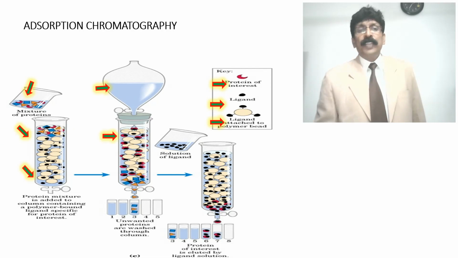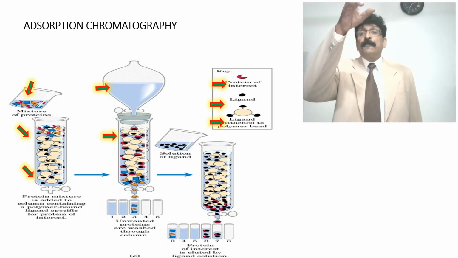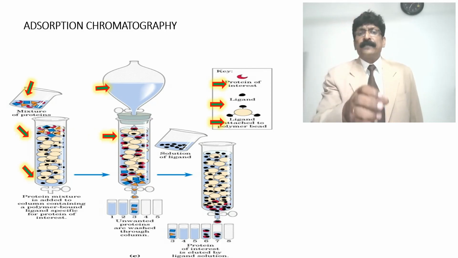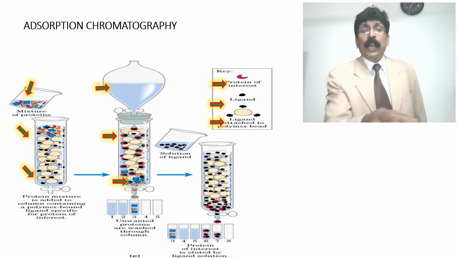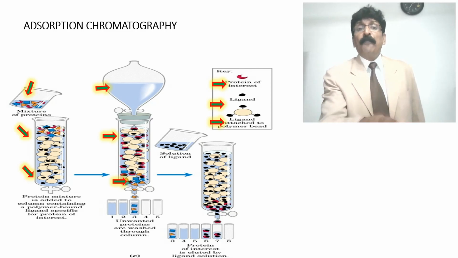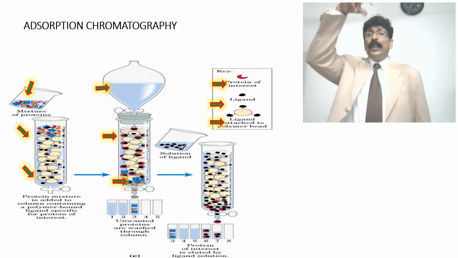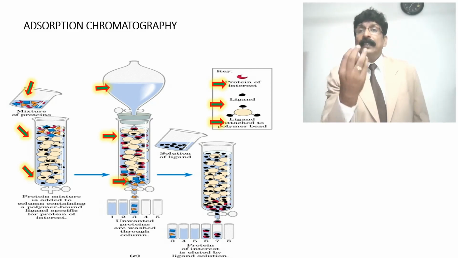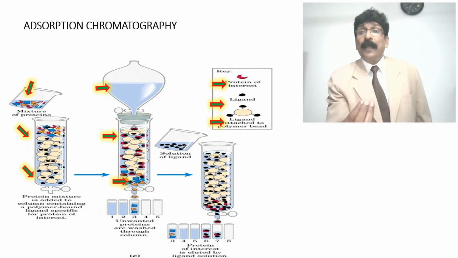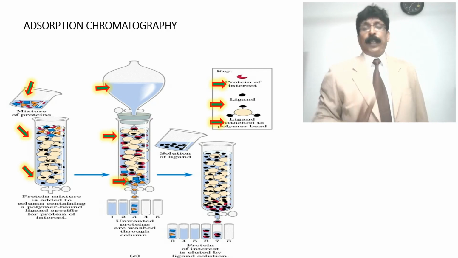You see now, the mobile phase passes through the stationary phase and comes down. You can see there, the mobile phase or the solvent which you poured in the reservoir and which is coming down is taking only the triangle shape and the square shape protein.